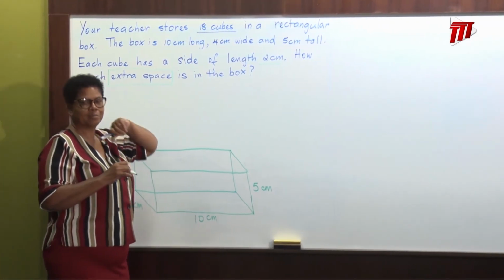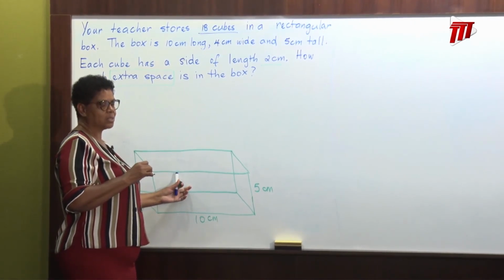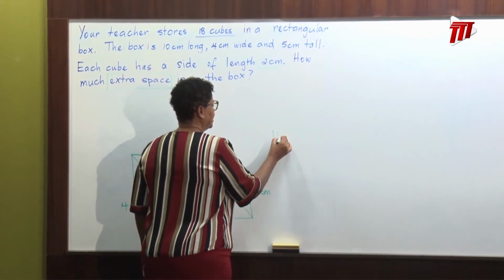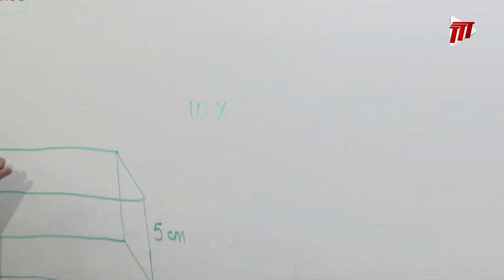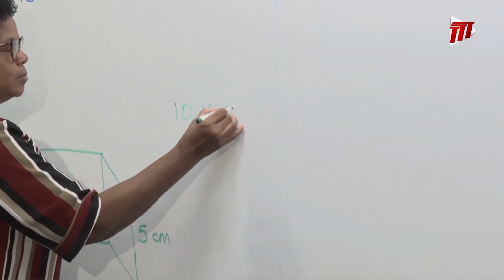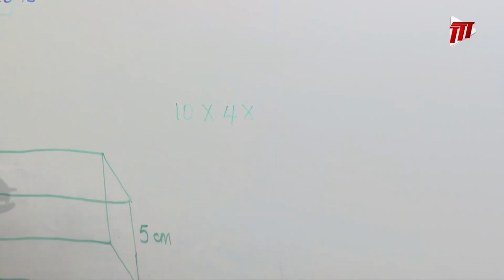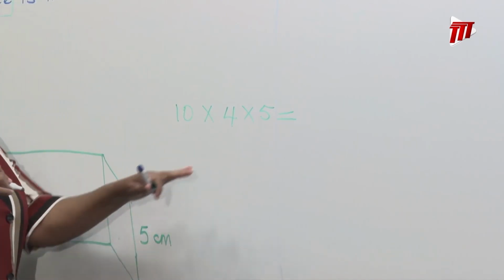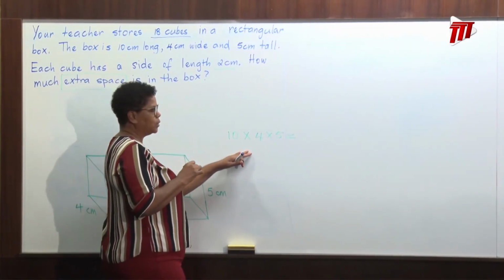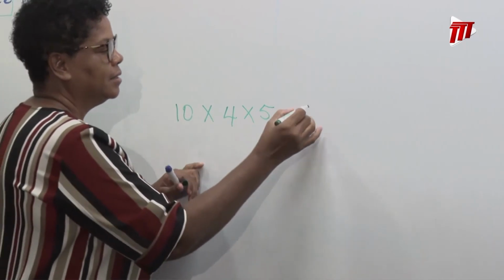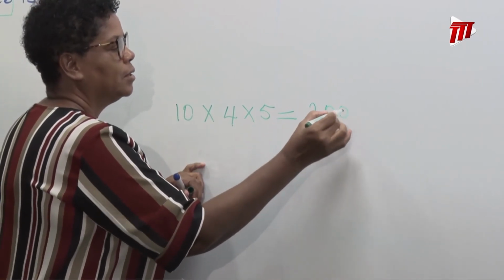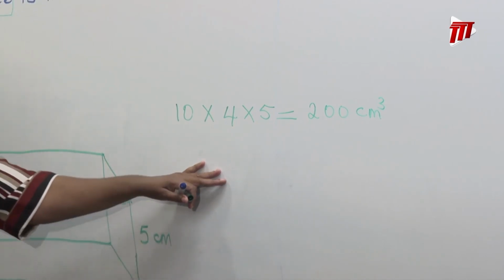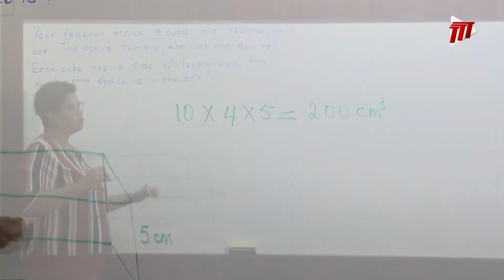So we'll begin first by finding the volume of the box. So volume is length 10 multiplied by breadth 4 multiplied by height 5. 10 multiplied by 4 is 40, multiplied by 5 is 200 cubic centimeters. That's the volume of our box.